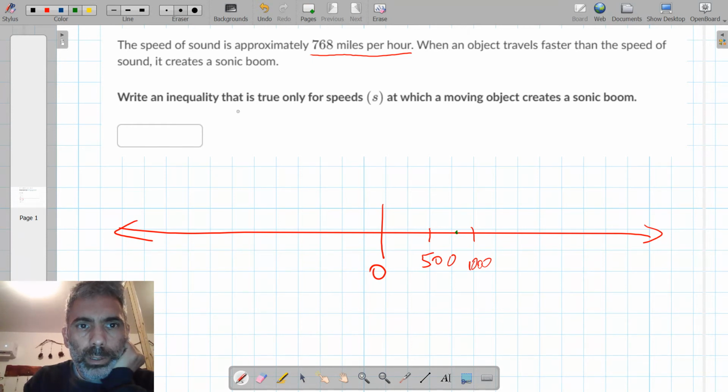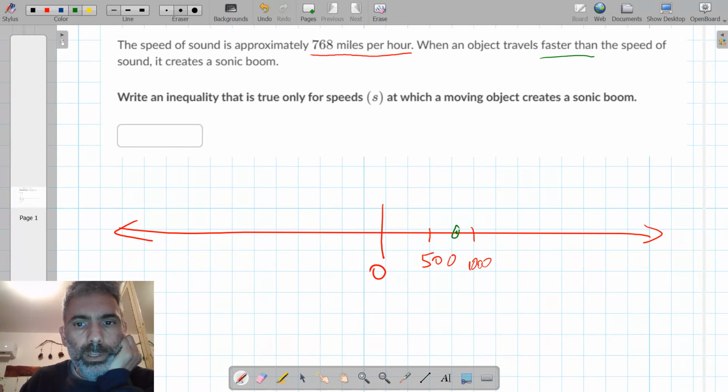Write an inequality that is true only for speed or speeds at which a moving object creates a sonic boom. So each value of x needs to be faster than or larger than.